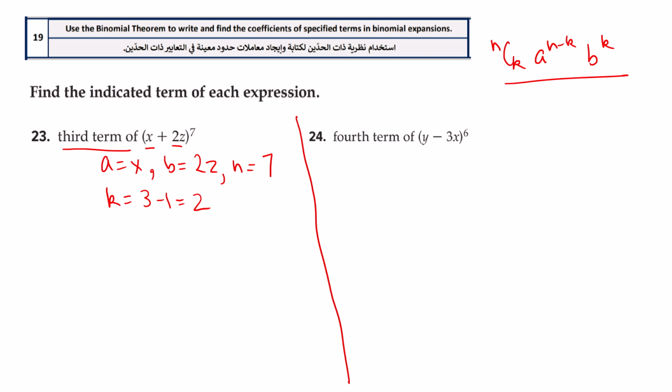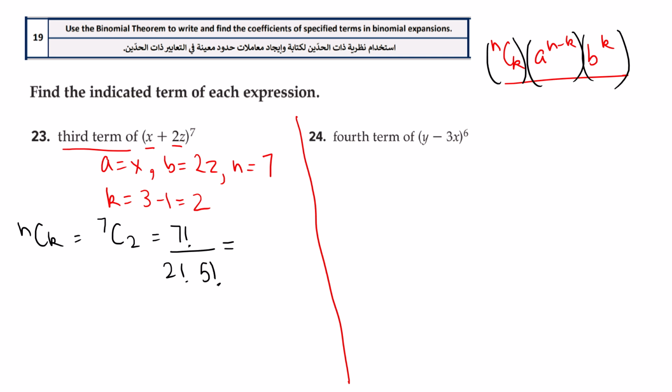Remember, we need to multiply all 3 of these. So this multiplied with this, multiplied with this. Let's calculate them one by one. First calculate nCk, so 7C2. The formula is 7 factorial over 2 factorial times 7 minus 2, which is 5 factorial. Now how do we open this? Always open the numerator big factorial till you get the next factorial.